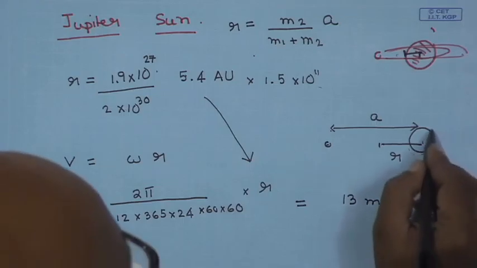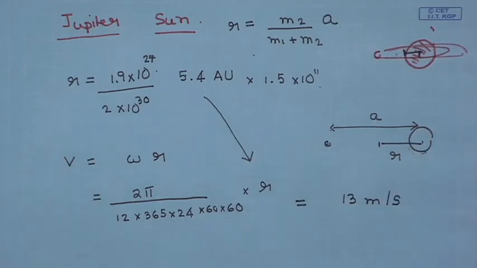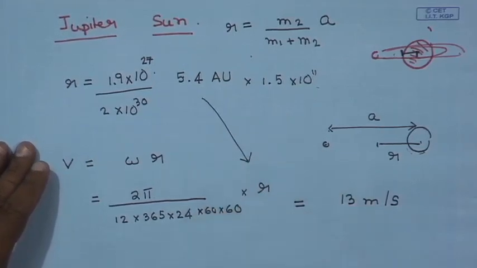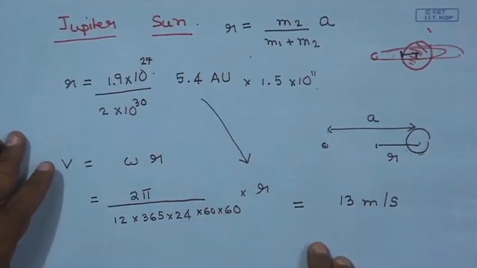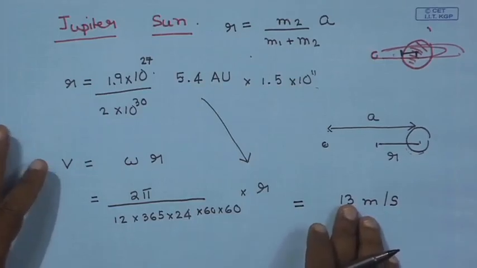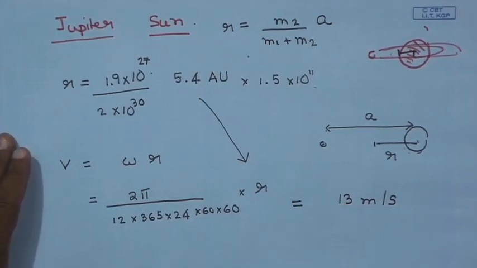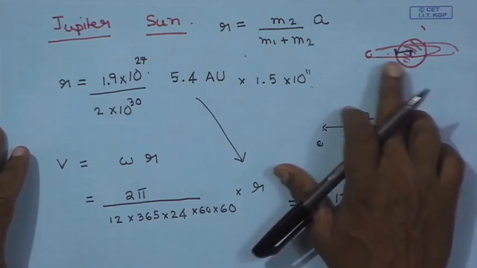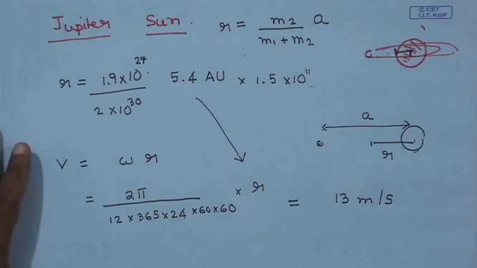So, the Sun is going to do a circular orbit around the center of mass with a speed of 13 meters per second. The question is, suppose we had an external observer outside the solar system whose capabilities were like those of ours, would such an observer be able to make out the motion of the Sun because of the presence of Jupiter?